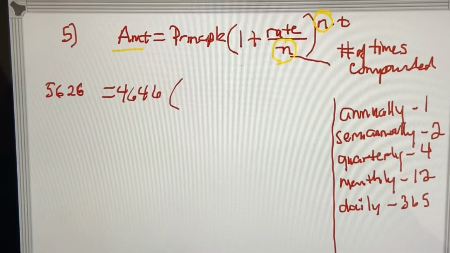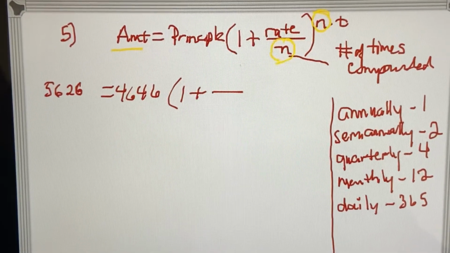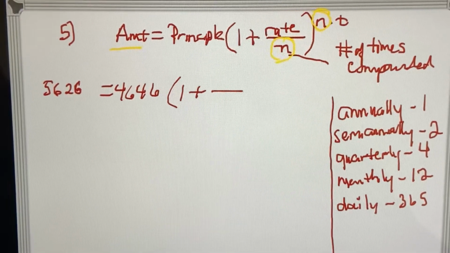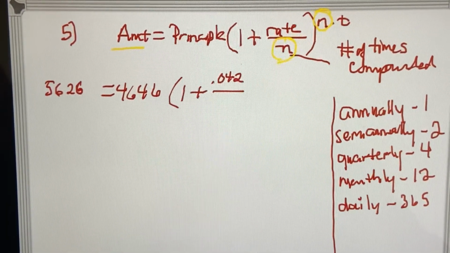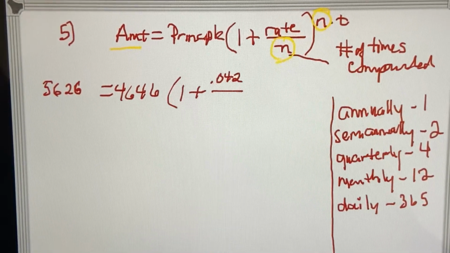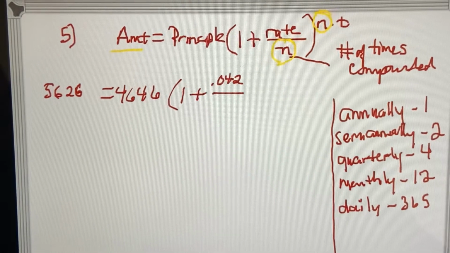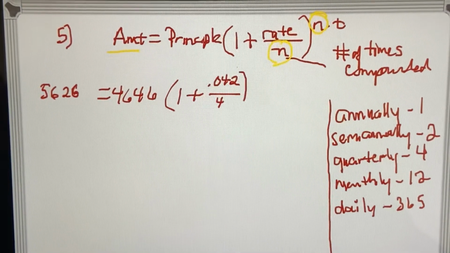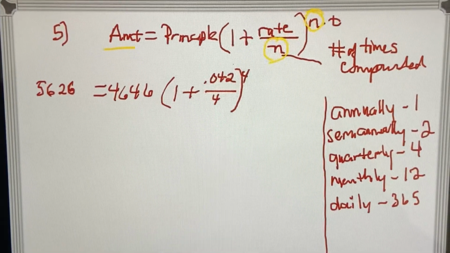And so filling in the rest of the info, 1 plus, well, the rate that they're going to use earns 4.2% interest. So remember to put that as a decimal. It is being compounded quarterly. Okay, so there's going to be a 4 here underneath the 0.042. And not only do I put a 4 in the denominator, I put a 4 as part of my exponent.